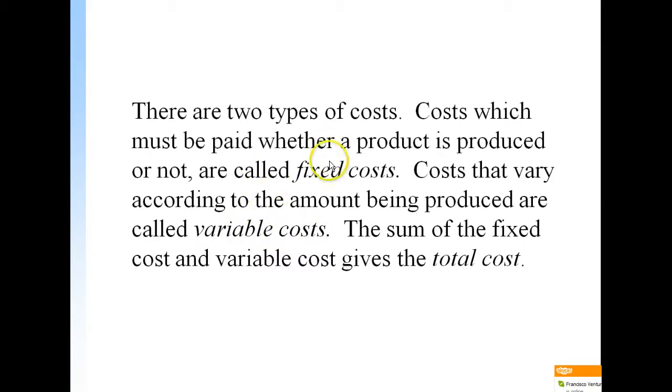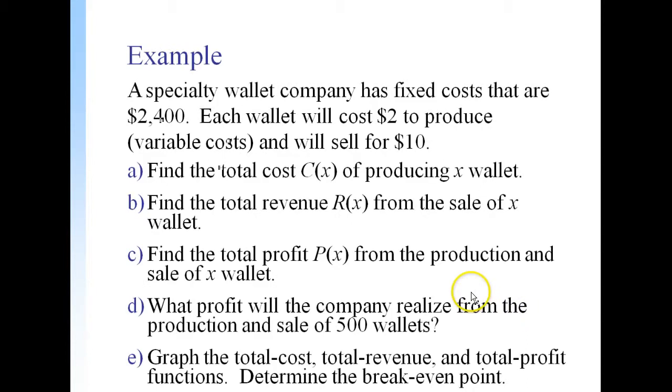So fixed costs would be things like the equipment, the building, and variable costs would be things like the material physically used in the making of something. As you produce one product, then you need more material to make another product. But you'll be using your machines, you'll be using the building you're in, and this type of thing. Now the sum of the fixed and variable costs give you total costs. So this is like a little mini economics course here.